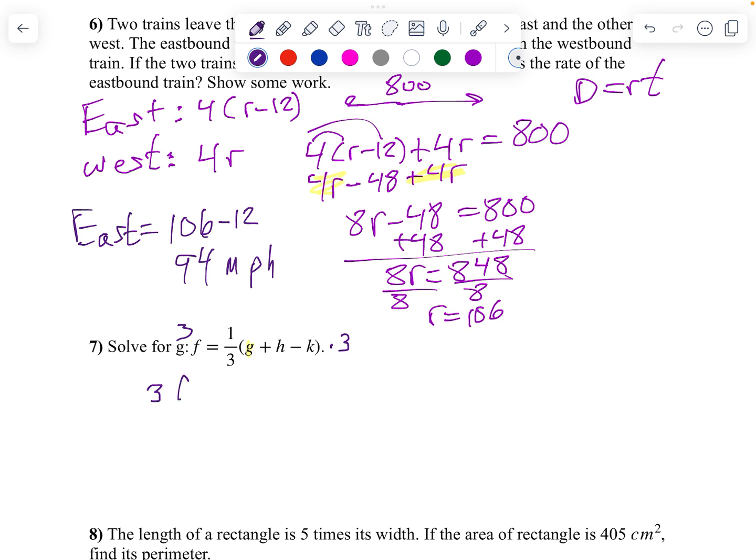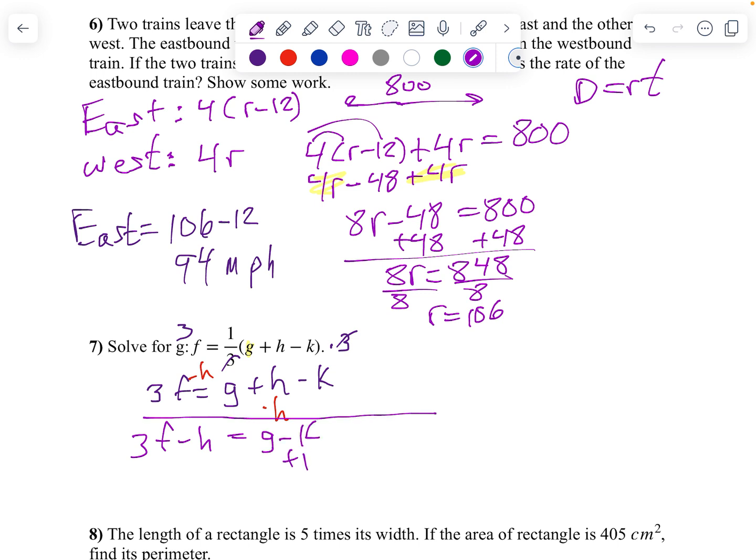So I get 3f. Here my 3 is reduced, and I get G plus H minus K. Well, let's get rid of the things that aren't G. So I'm going to subtract H from both sides. Notice there's no H on the left-hand side, so I'm just going to write 3f minus H equals G minus K, because my H's reduce out.